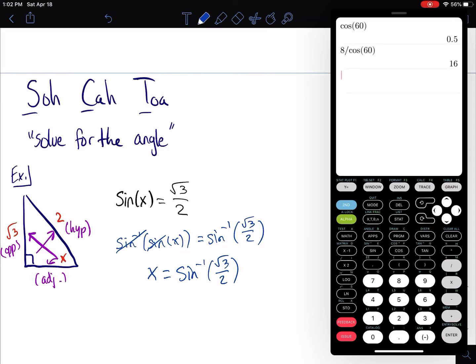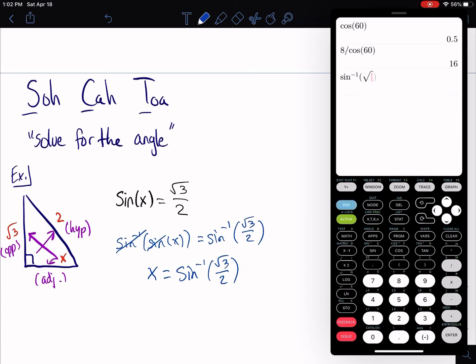Okay, so we're being asked to complete the arc sine. So again, where did I get this from? I have the sine of x equals radical 3 over 2. I want to know what x is. So I'm telling you to find the angle x, you're going to have to use that second button on your calculator and then click sine. That's going to give you that arc sine function. And then we're going to plug in our function.